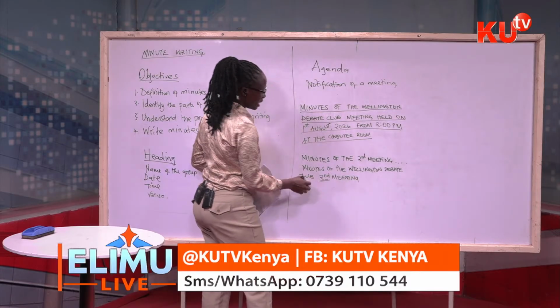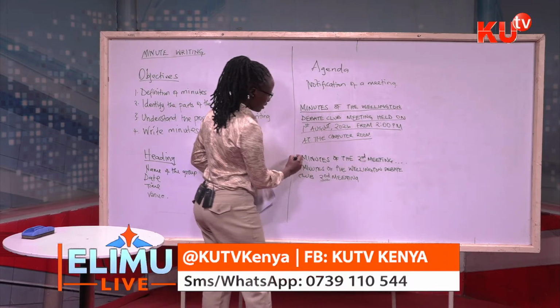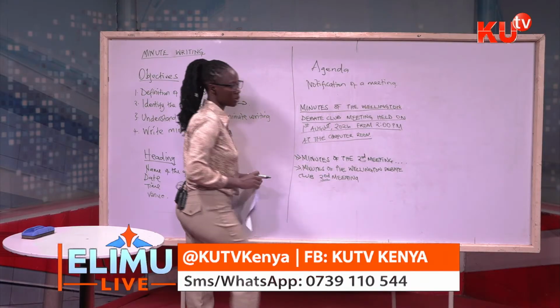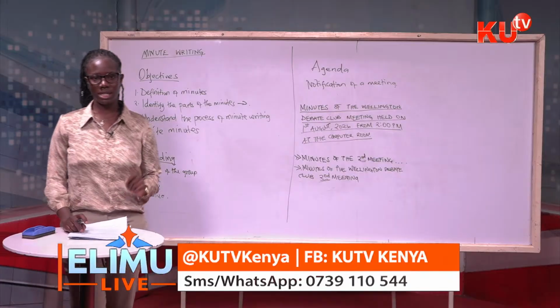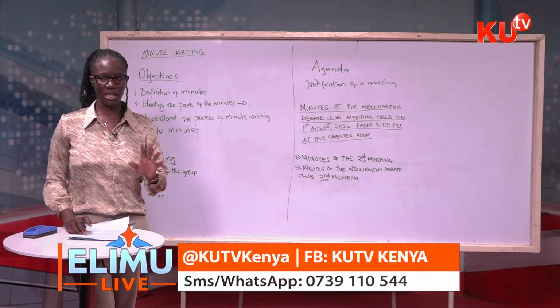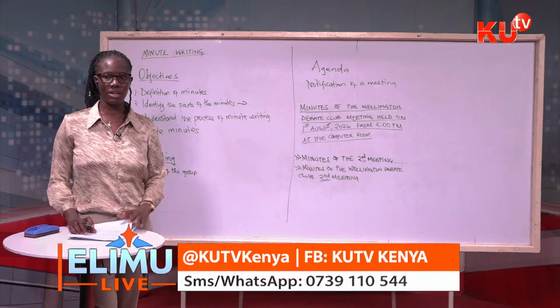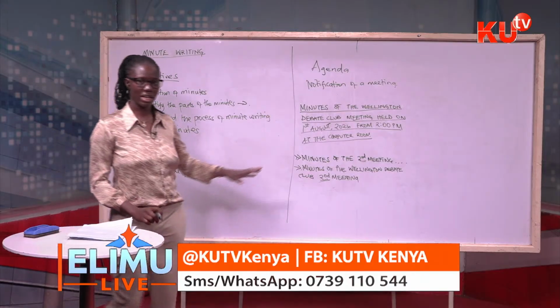So this second must appear. These are two different samples whereby you are now going to capture, because the question had said that it is the second meeting that the Wellington debaters are having. So it means that you must capture second.